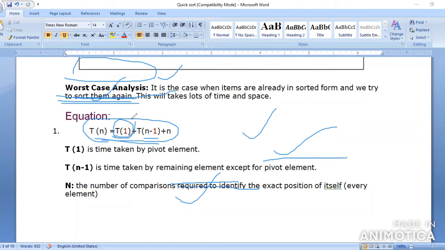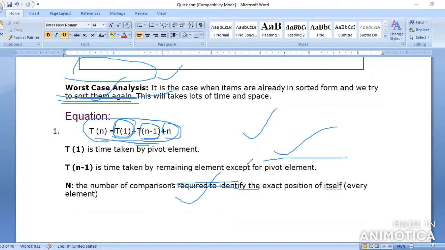If you have 11 elements, the first is the pivot element, and the remaining 10 elements are indicated by T(n-1). So what is n? The n specifies the number of comparisons to be made to identify the exact position of each element. Each element means every element.